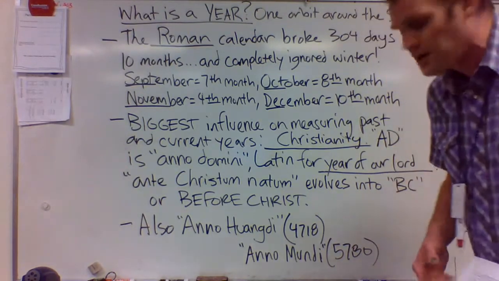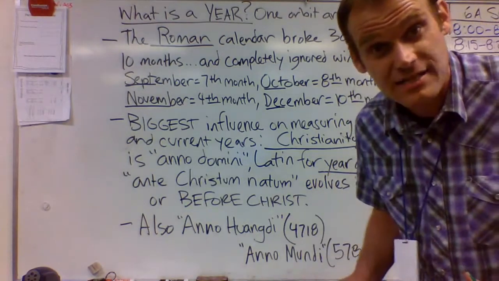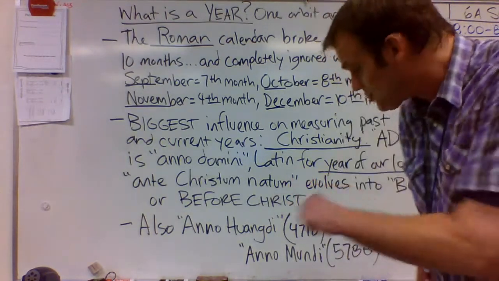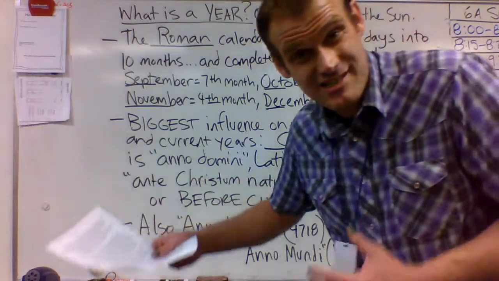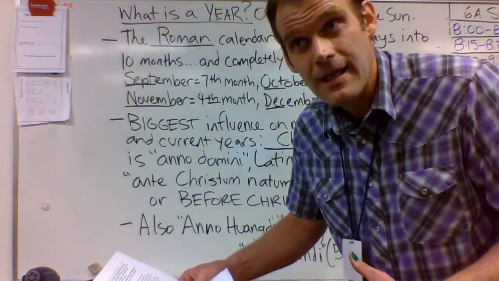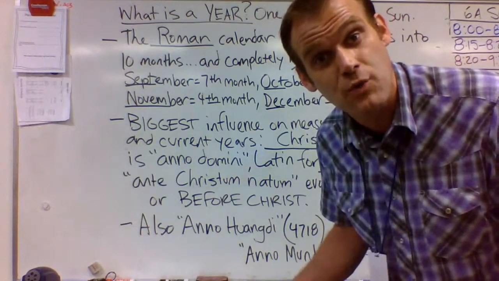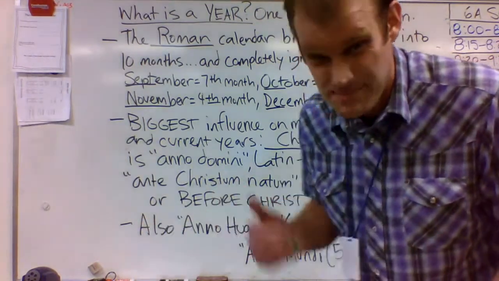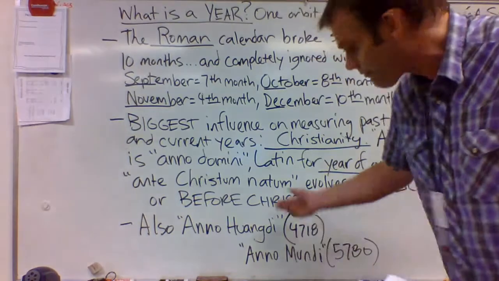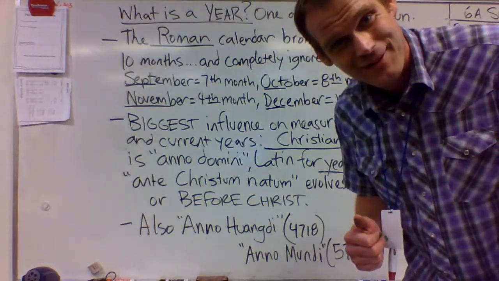And just like with Anno Huangdi, the year changes at a different point. For the Jewish calendar, the year changes in September, Rosh Hashanah, I might be wrong on that, but there's a Jewish New Year as well. But that occurs in September instead of January or February, like with the Chinese calendar, okay?